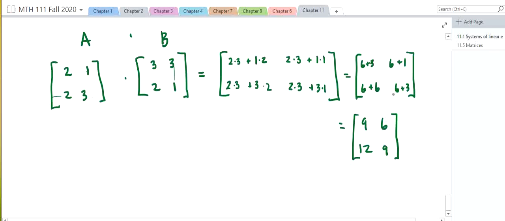And this is actually 6 plus 1 is 7. So 9, 7, 12, 9. And, oh, I see another mistake. That's why you have to go back. 2 times 3 plus 1 times 2 is 6 plus 2. So this is 8, 7, 12, 9.